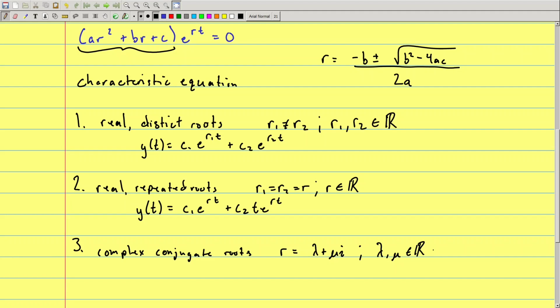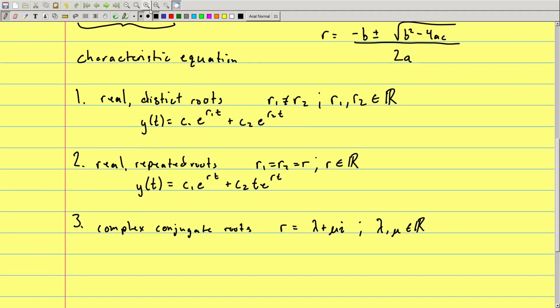The solution in this case arises from this formula here, commonly referred to as Euler's formula, where theta ends up being mu.